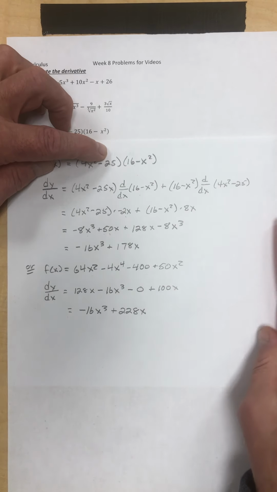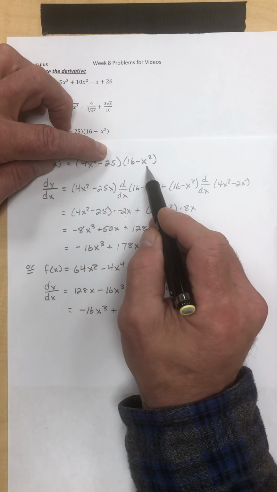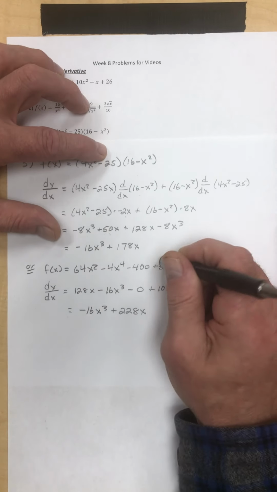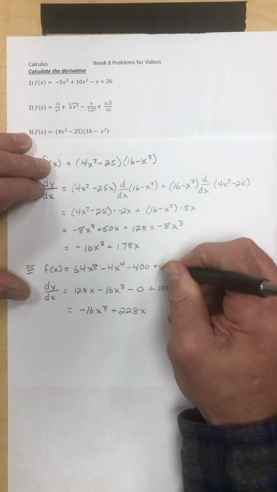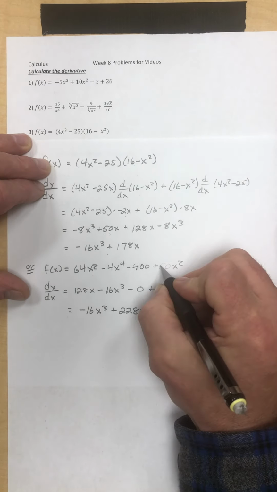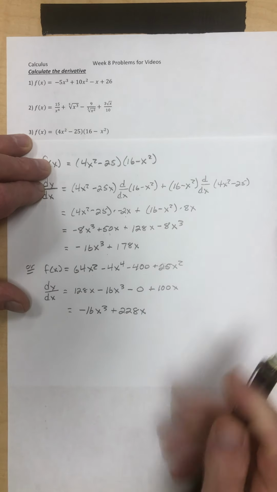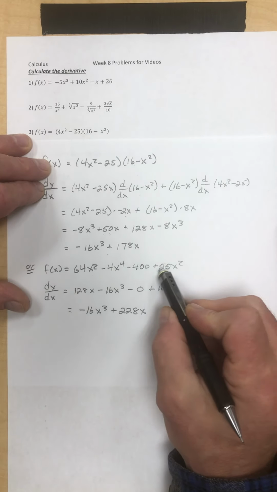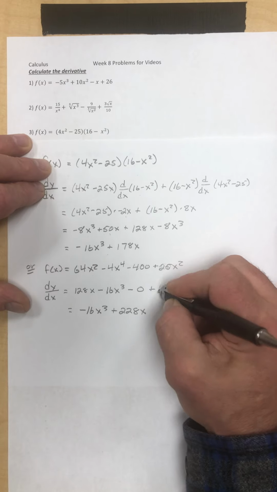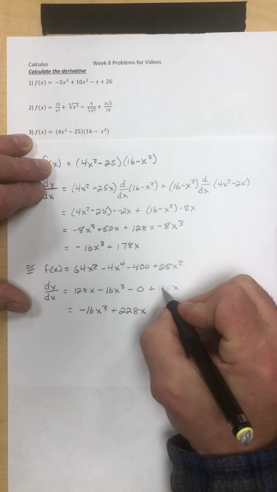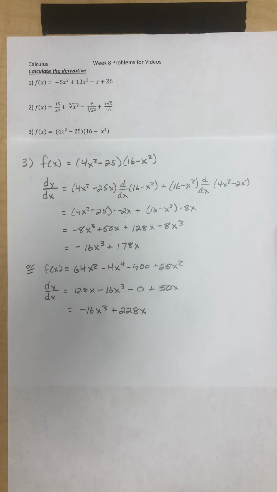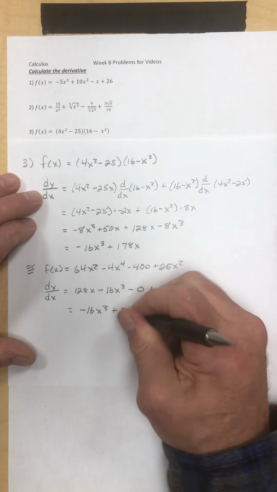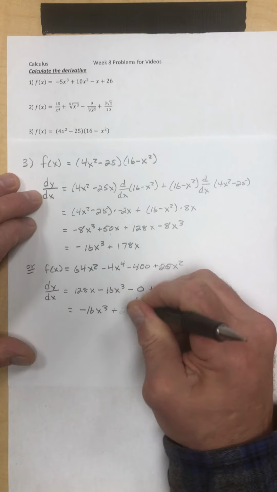And then, there we go: negative 25 times negative x squared would be a positive 25x squared. I had 50 for some reason. So when I take the derivative here, 2 times 25 is 50. And when I add them, there's your 178x.